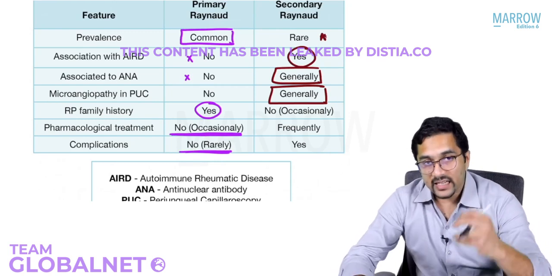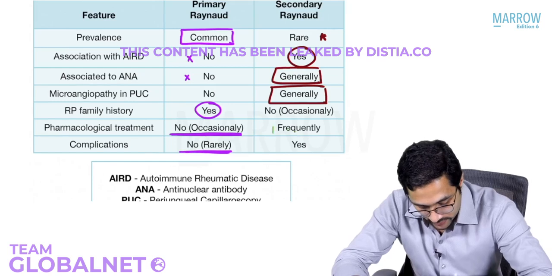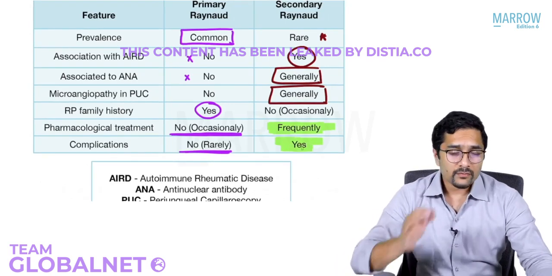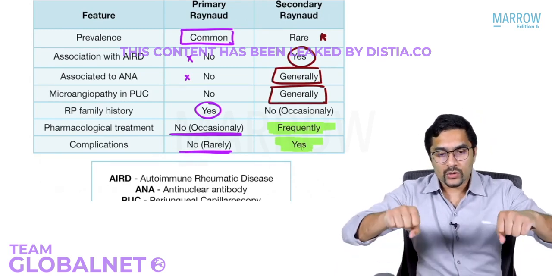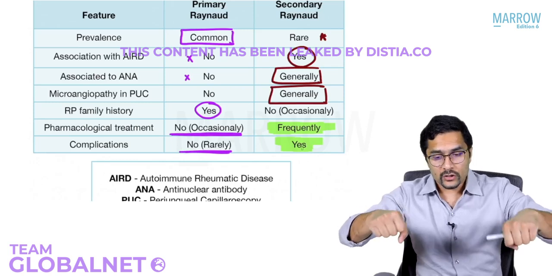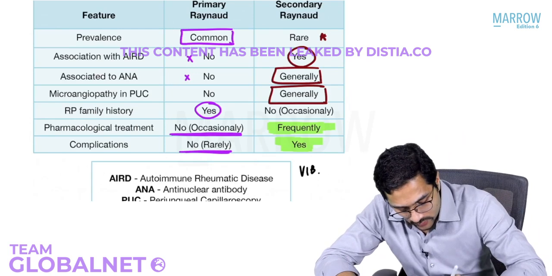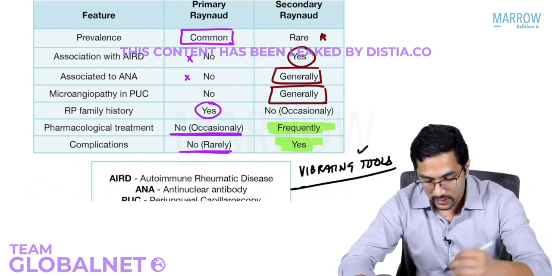It is rare as compared to primary Raynaud's, but pharmacological treatment is frequently required and complications can also occur. It has also been seen that Raynaud's phenomena can be seen in patients who use drills, right? Drill workers, so constant vibrating tools if they are using. So that can also give rise to Raynaud's phenomena. So drill workers, vibrating tools, that can also predispose to Raynaud's.